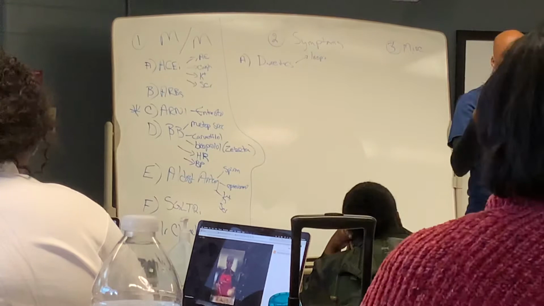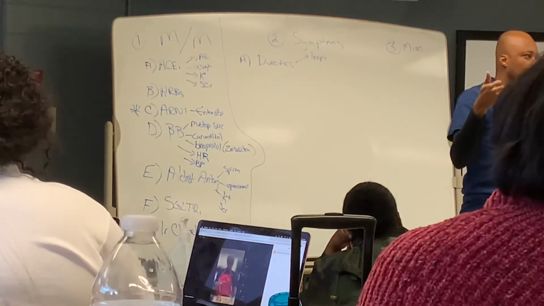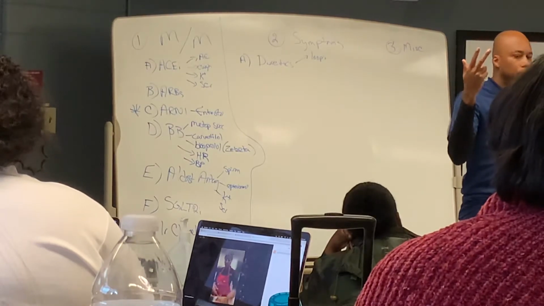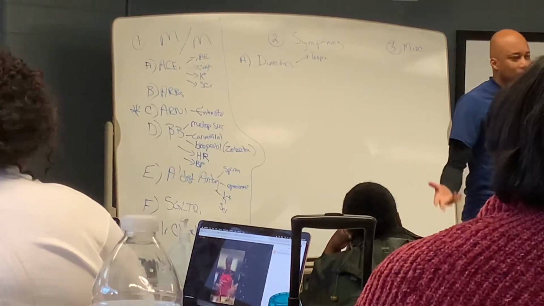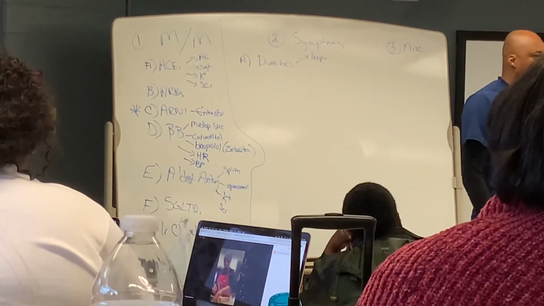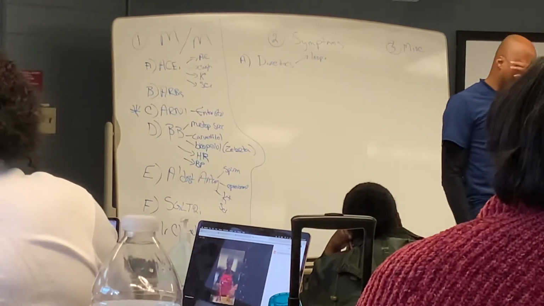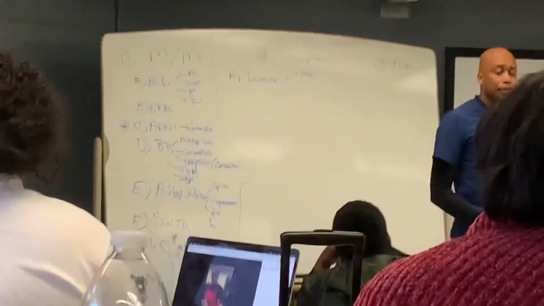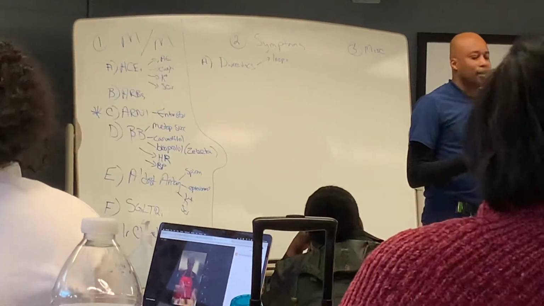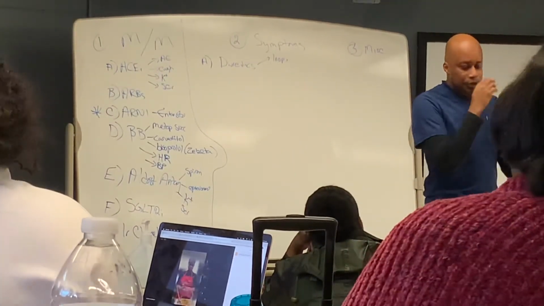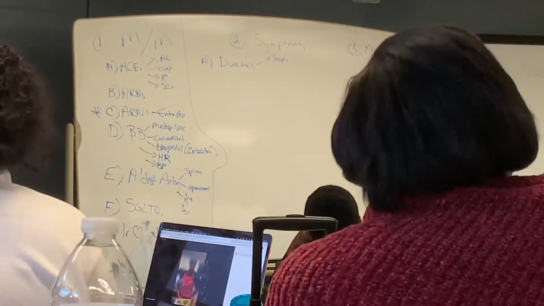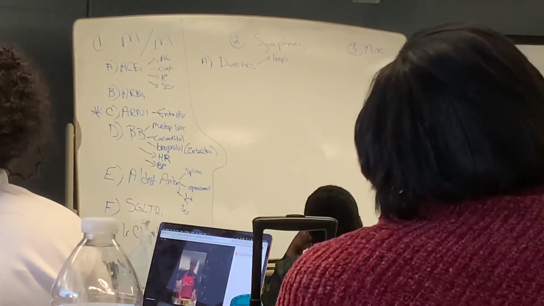Okay? So our loops are which ones? Furosemide, torsemide, and bumetanide, right? Most of you are going to see furosemide, but when I used to work at CVS, I used to work at this one specific CVS where there were a lot of older patients, and their physicians were a lot older as well.